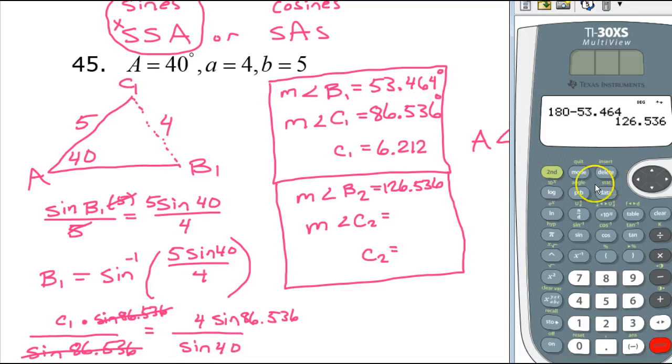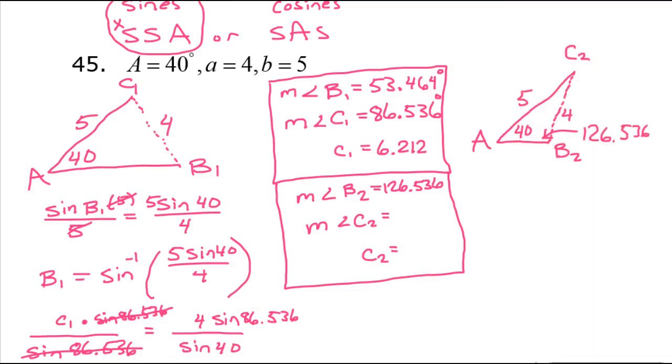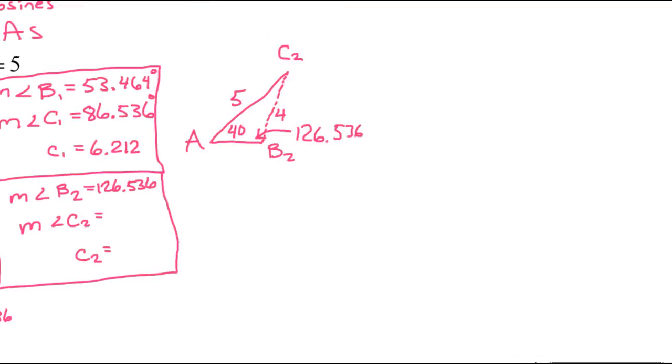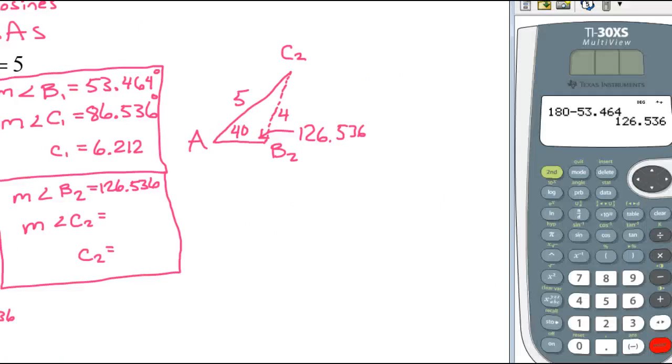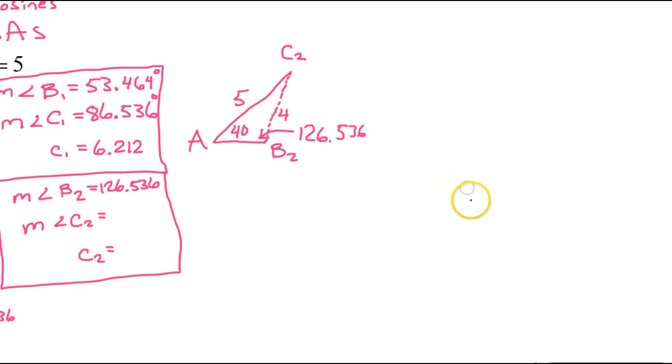If I do 180 minus 40 minus 126.536, that's giving me 13.464.